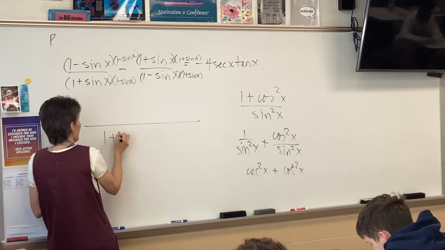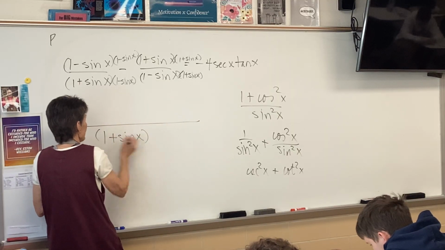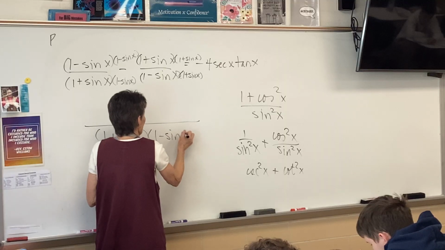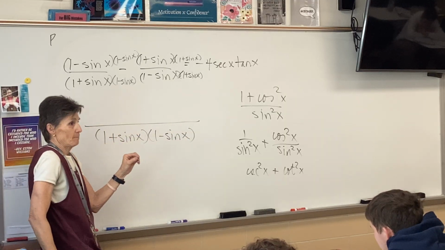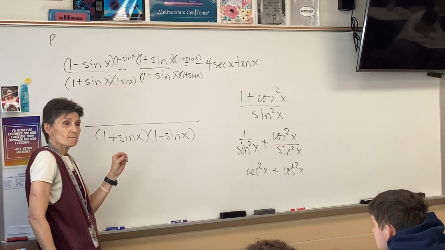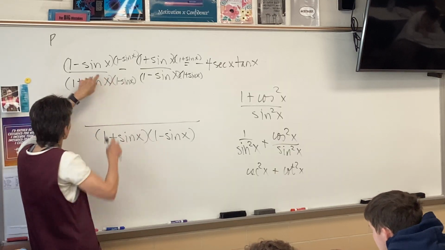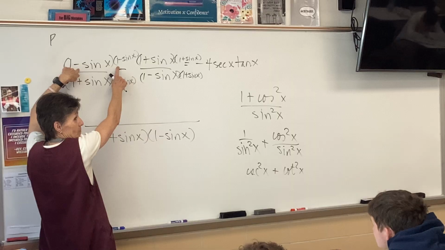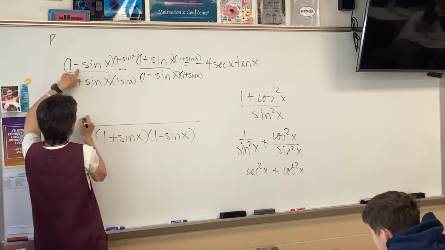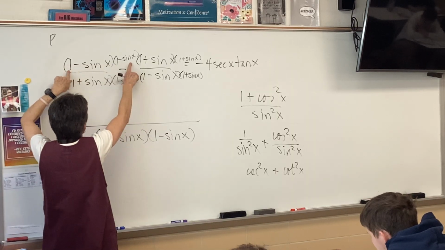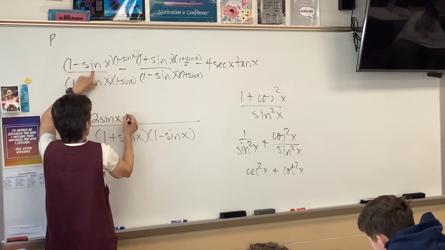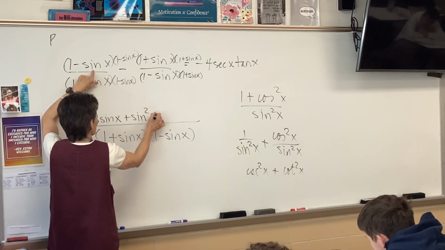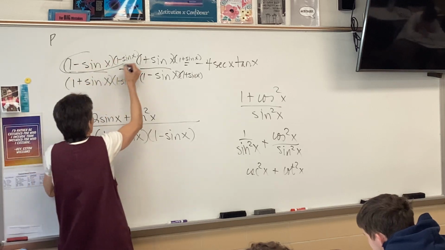So my common denominator is 1 plus sine, 1 minus sine. That's my common denominator. Everybody with me? So what's my numerator? Well, isn't that going to be a FOIL? So 1 minus 2 sine plus sine squared, if I FOIL this guy right here.